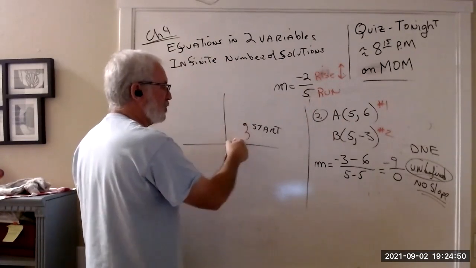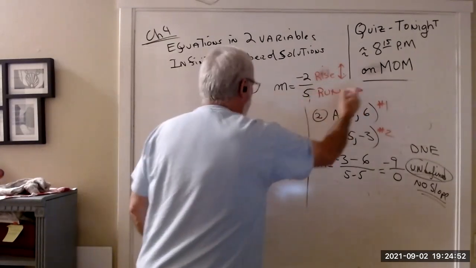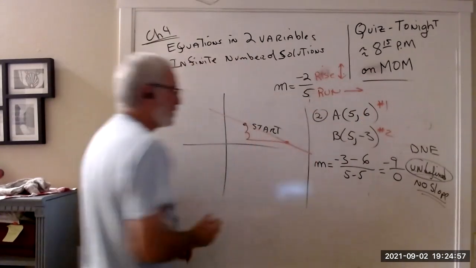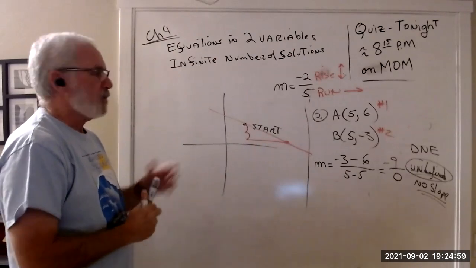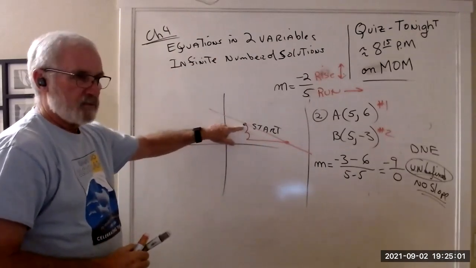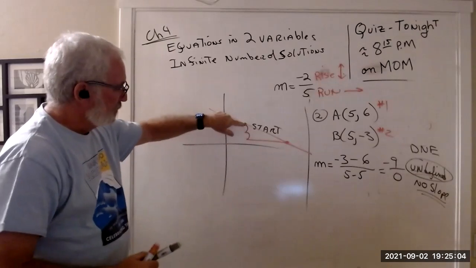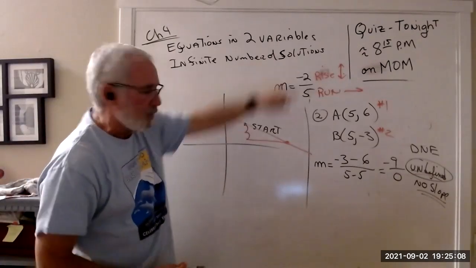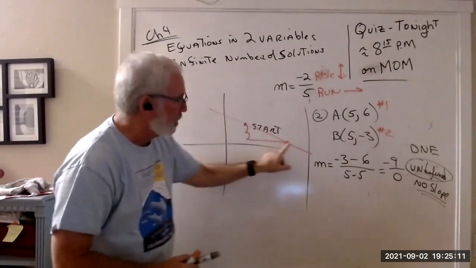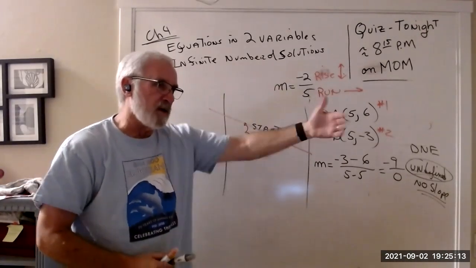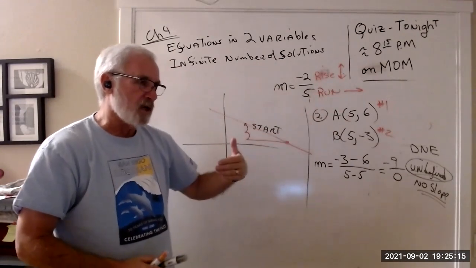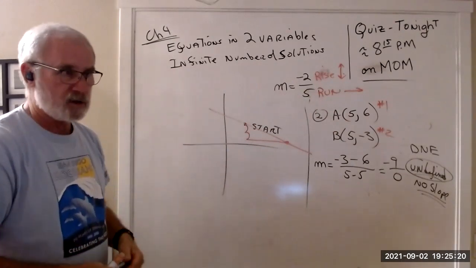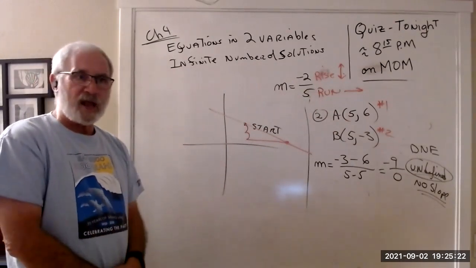So I'm going to go down 2, but I'm going to go over 5. And that tells me this line looks something like that, from wherever we started. We rise -2 in this example, and then we run +5. Run means move horizontally. And so you're right, it's a ratio, it's a comparison. It's kind of a measure of the angle that it makes.